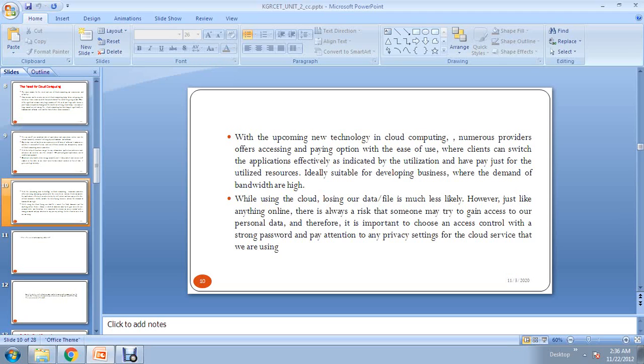It is very important to choose access control with a strong password, and we can provide privacy and security for the cloud computing servers. By using all of these, we have more security and more protection of the particular information.